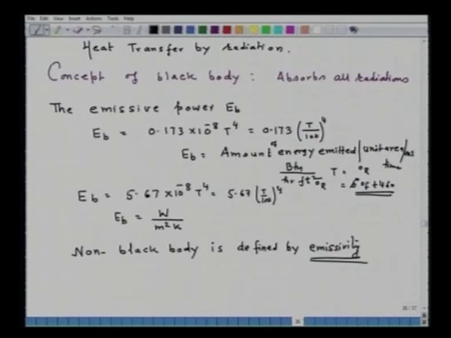Now, so far we have considered the amount of energy radiated for one body. Now, let us consider the heat exchange, because the heat radiated by one body will fall on another body, which gets heated up and will also emit radiation, and the first body will also receive the radiation emitted by the other body.